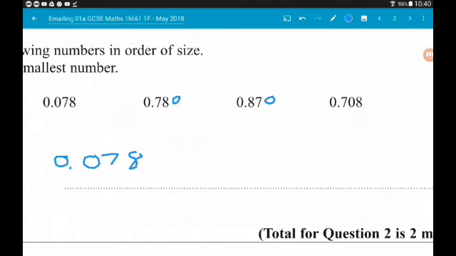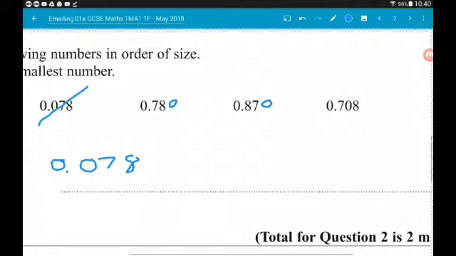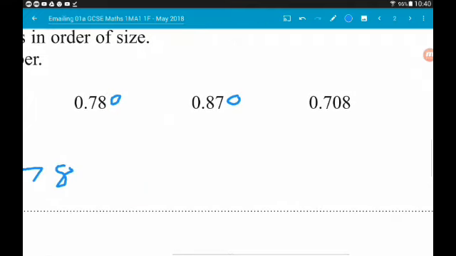Okay, so our smallest number here is 0.078. It has a 0 in the tenths column. It's the only one that does that, so that's our guy. Next, we've got 2 numbers that have a 7 in the tenths column. So we got 0.780 or 0.708.